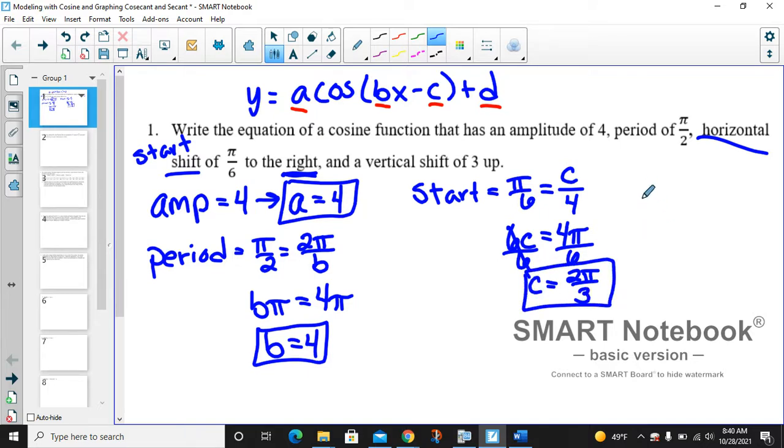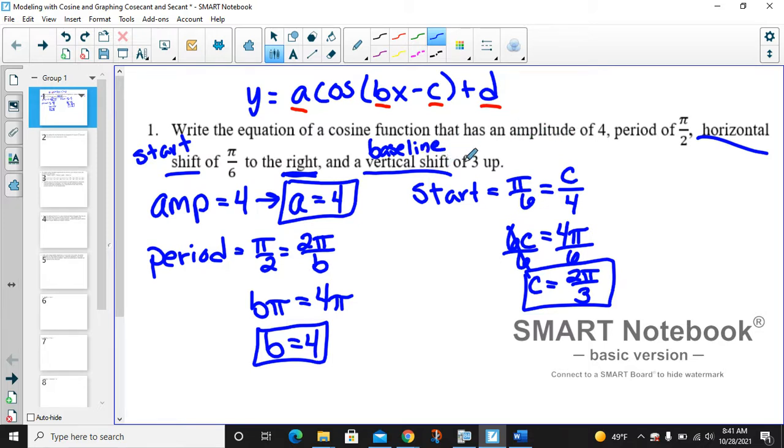Now all we have left is our d. Here it says that we have a vertical shift of up 3. Again, we don't call this a vertical shift with our terminology. Our vertical shift is our baseline or midline.